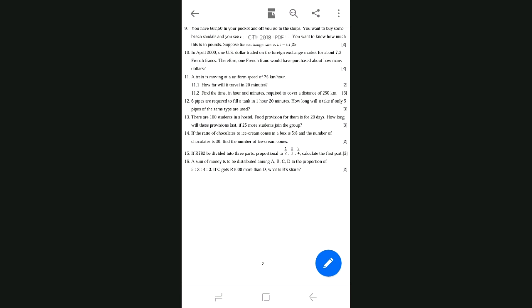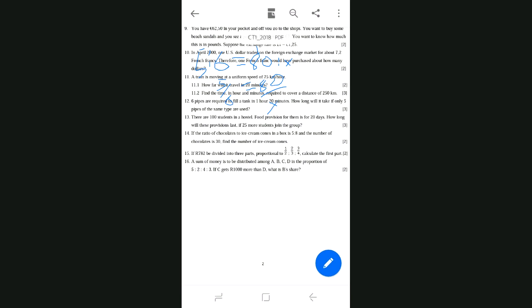If 5 is to 6, then 80 will be to x. We don't know the time. So we are going to get 5 divided by 6 equals 80 over x.